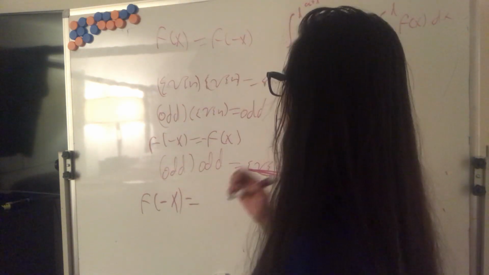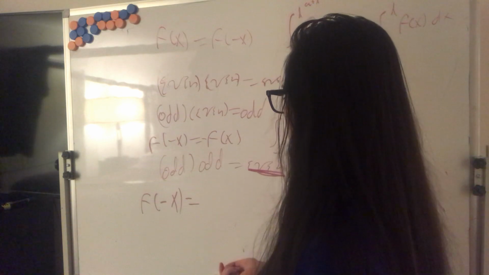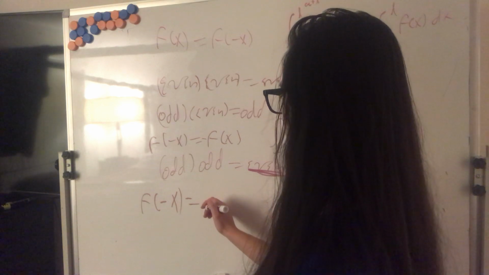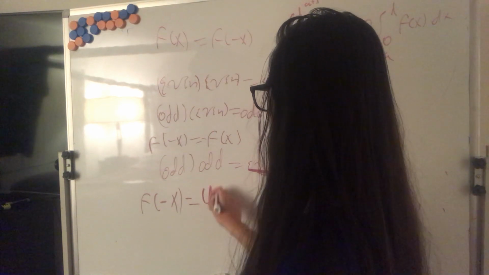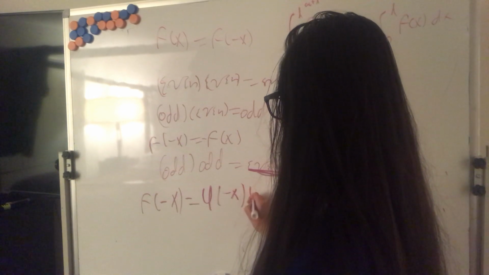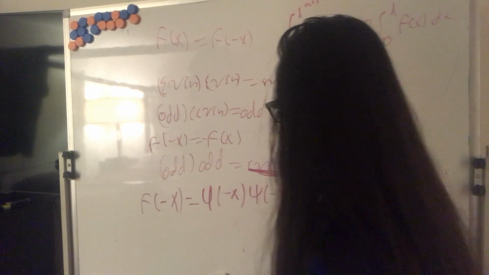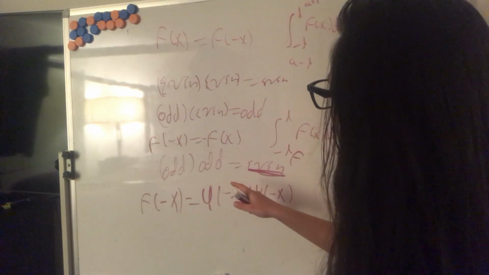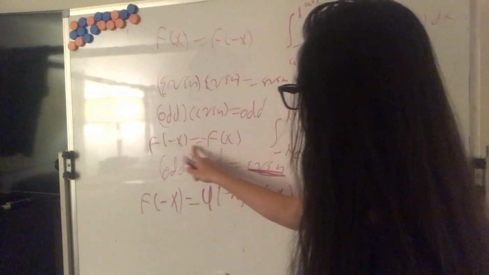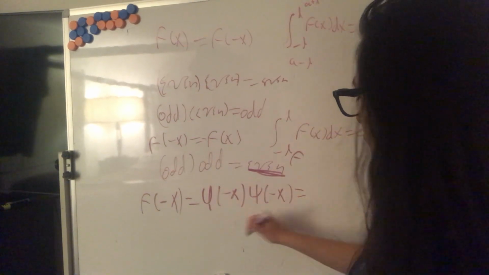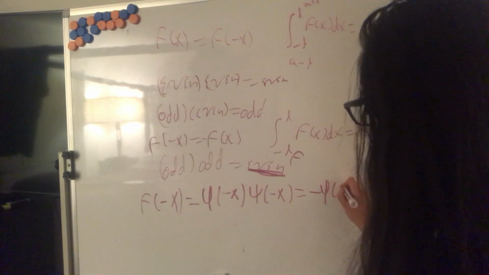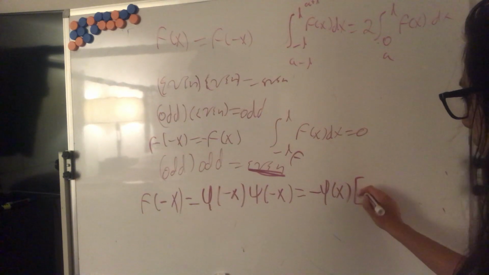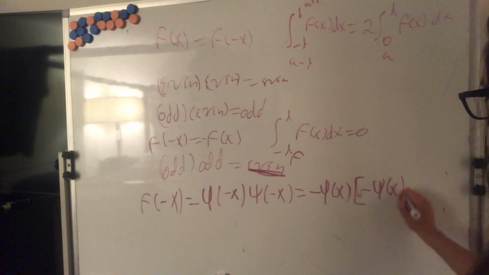So I have an odd function times another odd function. Alright, so I have f(-x). If my functions are phi and psi, I would have phi(-x) times psi(-x). But because these are odd functions, they satisfy this property. So I can put them as -phi(x) times -psi(x).